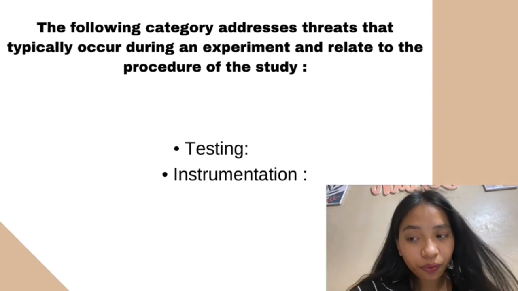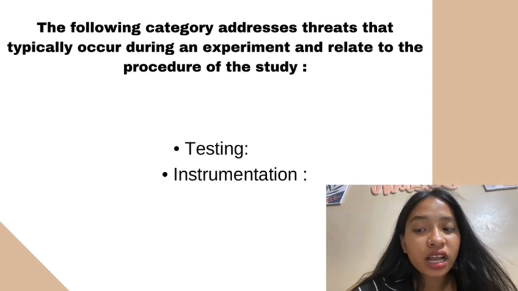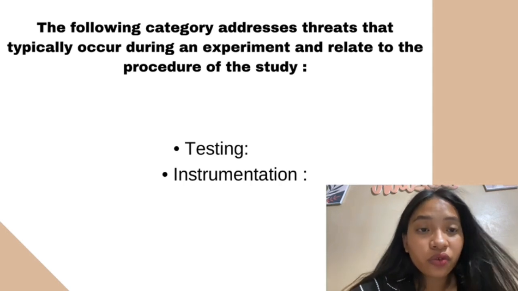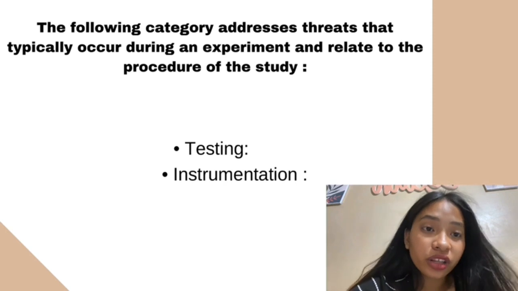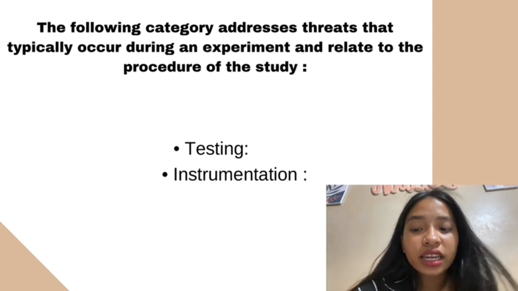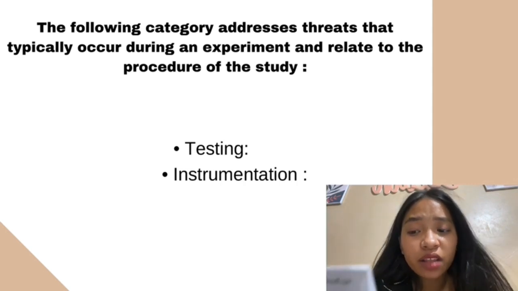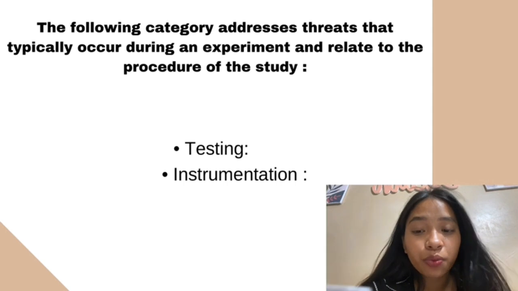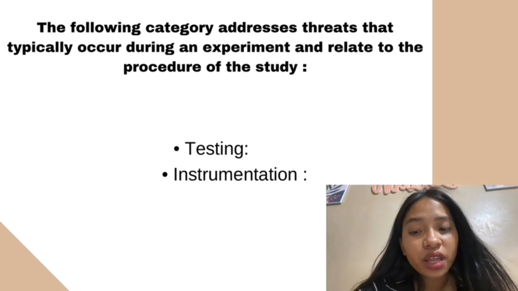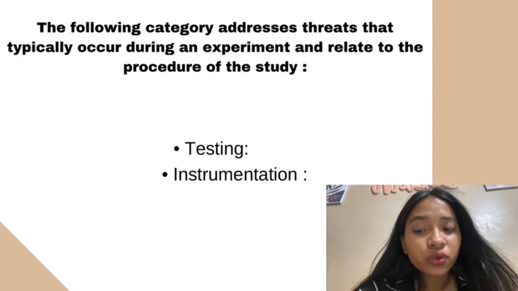So when the participants become familiar with the outcomes and try to remember them for the later testing, it can be a threat. The next threat is the instrumentation. So instrumentation is between the administration of a pre-test and a post-test. The instrument may change, introducing a potential threat to the internal validity of the experiments.